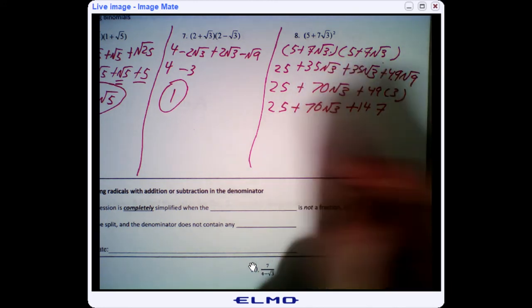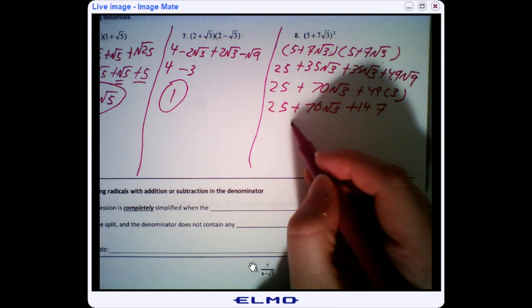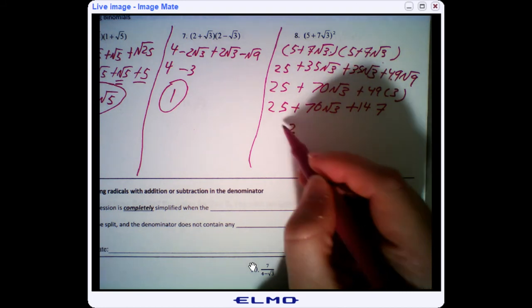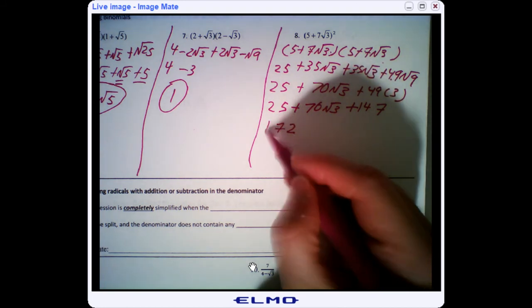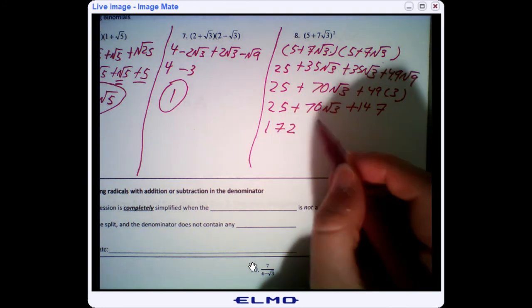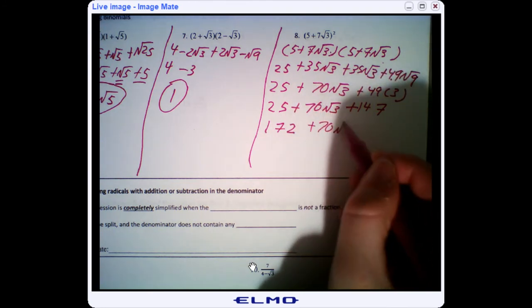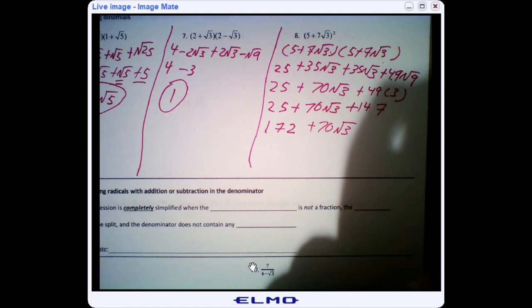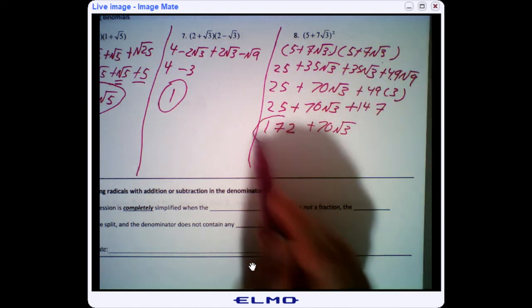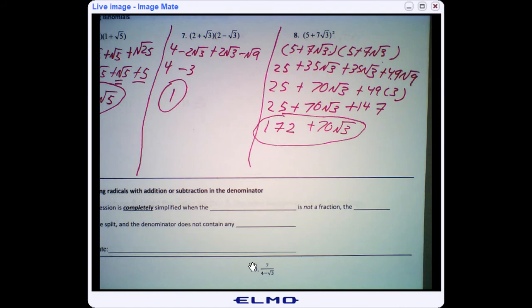And then 25 plus 147 is going to give us 172 plus 70 square roots of 3. Big number right there.